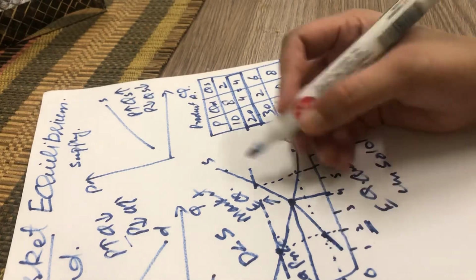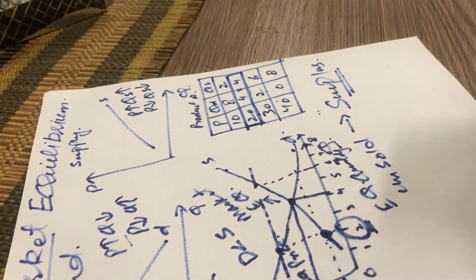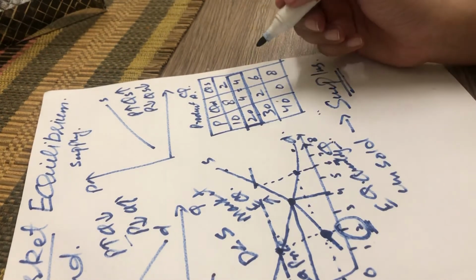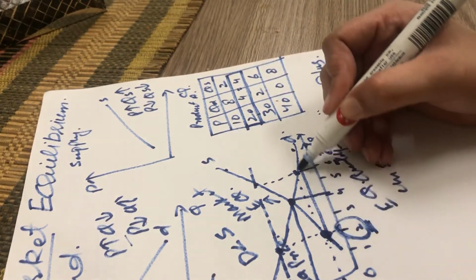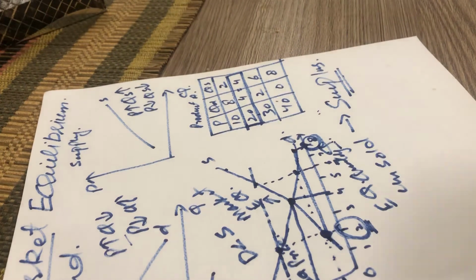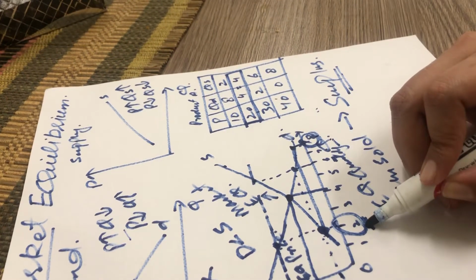On 10, on the supply curve, the supply is now 2 and the demand is 8. Now you are demanding 8 units, but the supply in the market is 2.